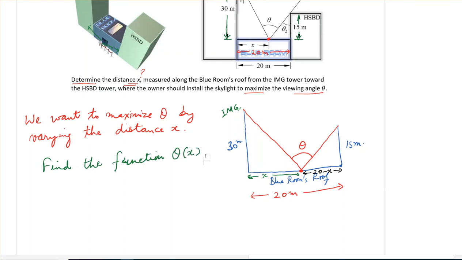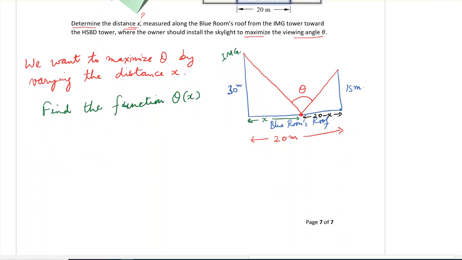And then in order to maximize or minimize, you will do the same things that we have done before. We will take the first derivative and then we will set the derivative equal to 0, and also we will check at the endpoints, and then we will figure out whether it's a maxima or minima.